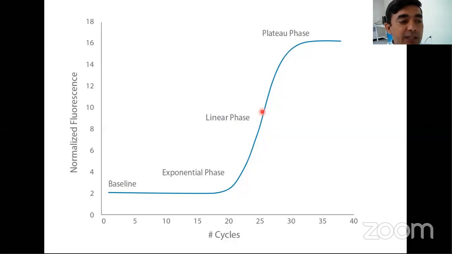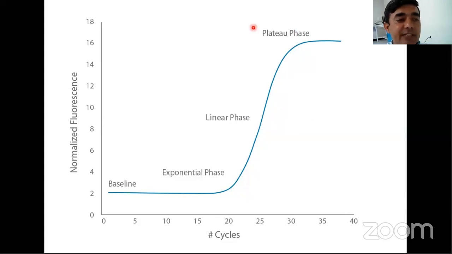As the fluorescence increases exponentially, a phase is reached where it plateaus. The plateau phase means that all the fluorescent target, the polymerases, the dNTP molecules, and the primer sequences are utilized by the amplification process, and there is no more increase in the fluorescence.